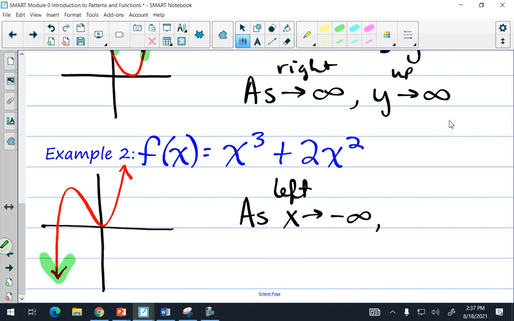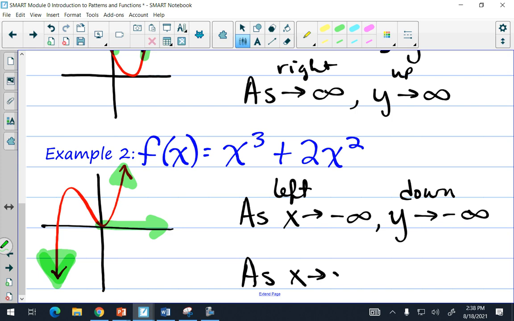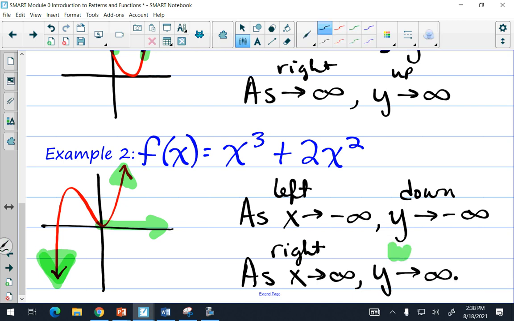Okay, it caught up again. So as x approaches negative infinity, which is this left-hand side here, y is pointing down. So y is also down, arrow down. Okay. As x approaches positive infinity, which is this side, as x gets bigger and bigger, which is our right-hand side, our y arrow is pointing up, so y approaches infinity, which is how we say up.